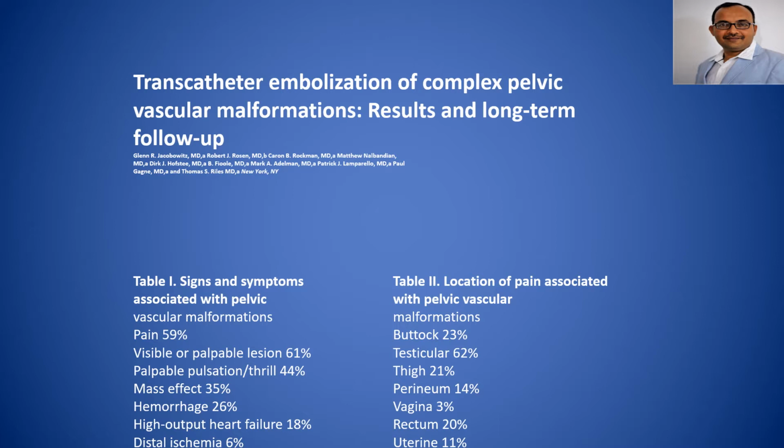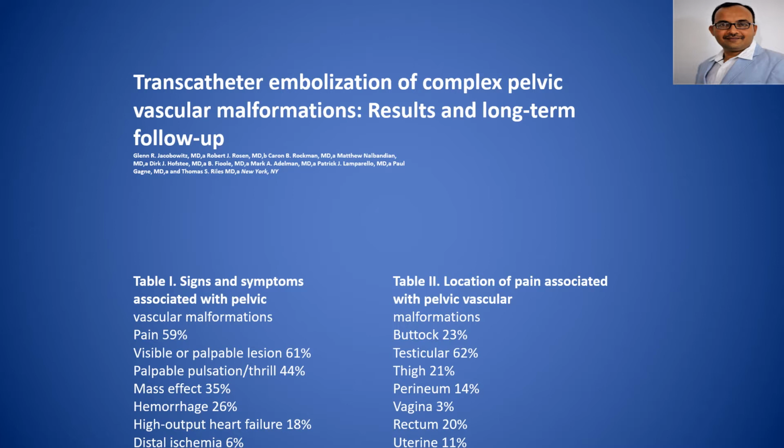In pelvic AV malformation, there are three main vessels which can participate in the formation of the AV malformation: median sacral artery, inferior mesenteric artery, and internal iliac artery.